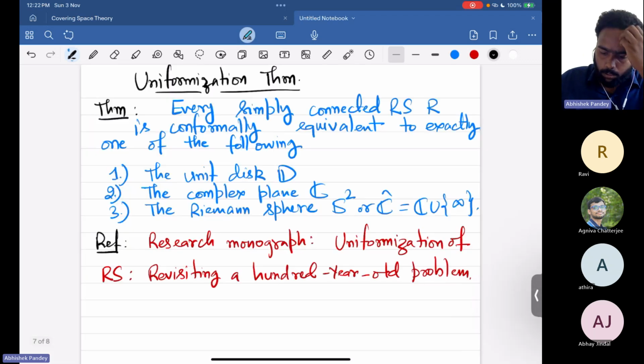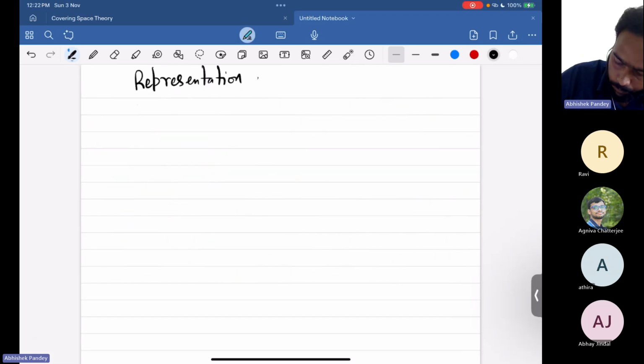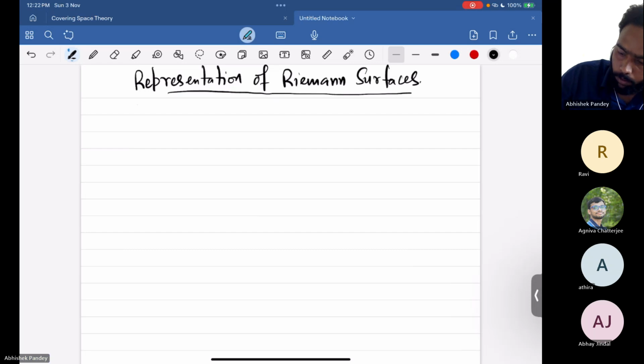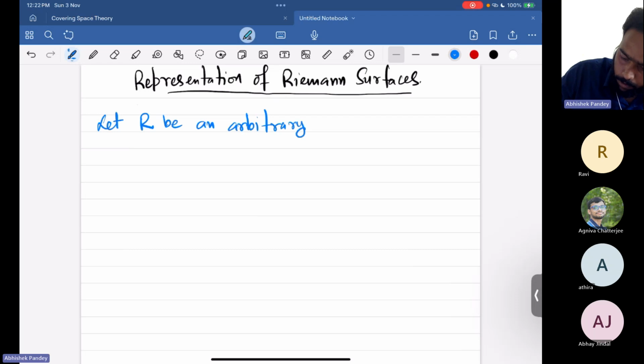Okay, I will tell this one later. So let R be an arbitrary Riemann surface.